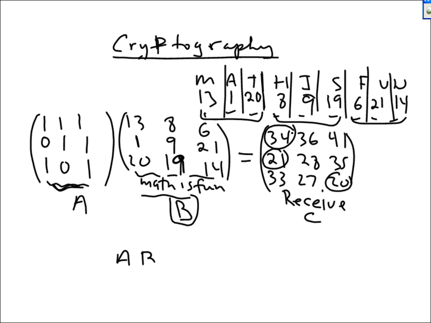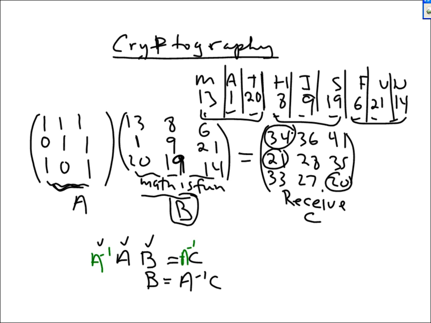If I know A times B is C, I can find out what B is. All I do is, on the left-hand side of both sides of the equation, I multiply by A inverse. And A inverse times A is the identity matrix. And identity matrix times B is just B. And the right side is A inverse C.